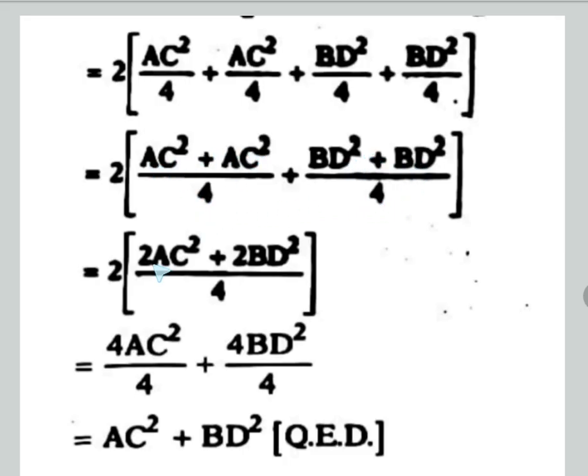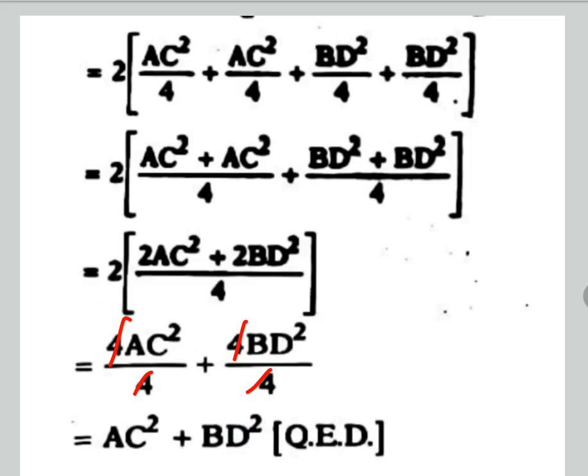AC square plus AC square is 2 AC square, and 2 BD square, by 4. Now if you multiply with 2, 2 into 2 is 4, the 4s cancel, and we get AC square plus BD square.